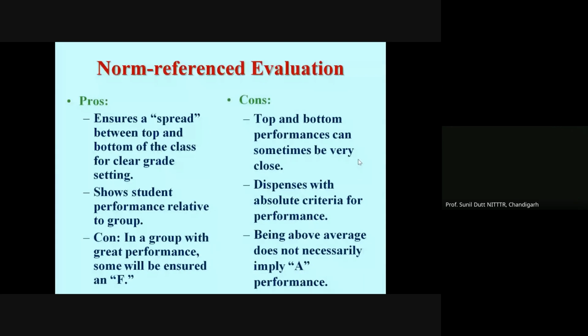That is, it ensures a spread between top and bottom, and shows student performance relative to the group. Now, top and bottom performance can sometimes be very close, and it dispenses with absolute criteria. And being above average doesn't necessarily mean that he will definitely get an A performance.